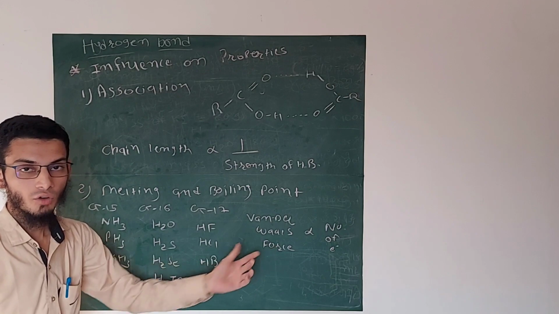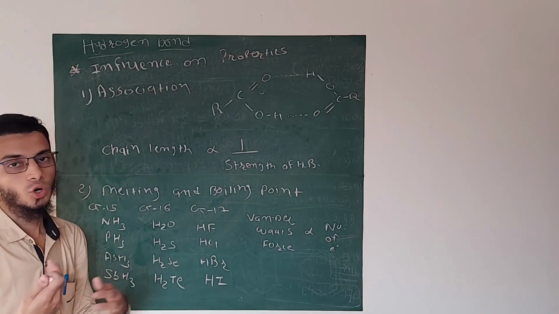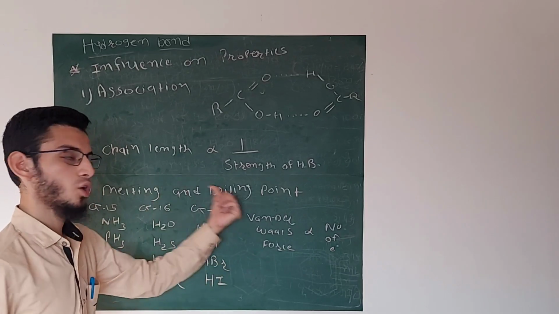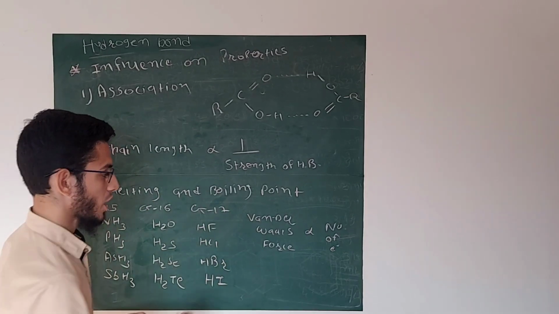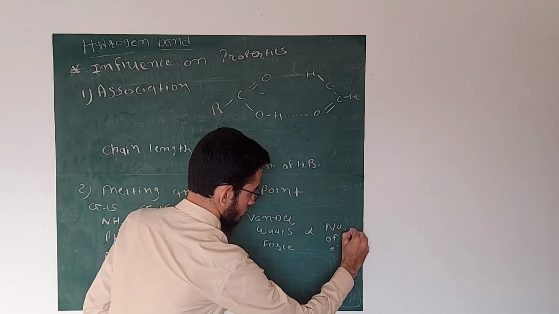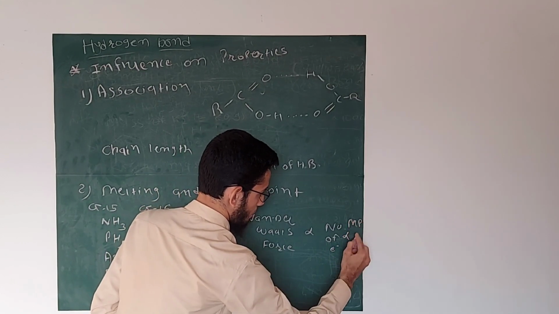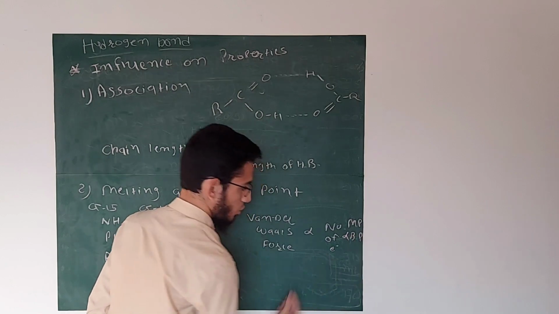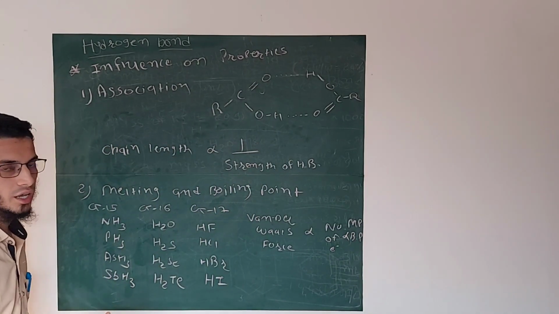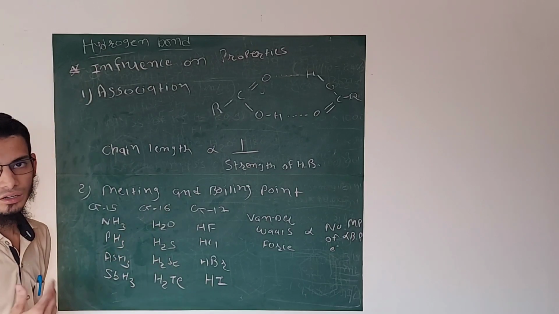So the strength of the intermolecular force increases, and the melting and boiling points increase. You know very well that when the intermolecular force increases, the melting point and boiling point increase.